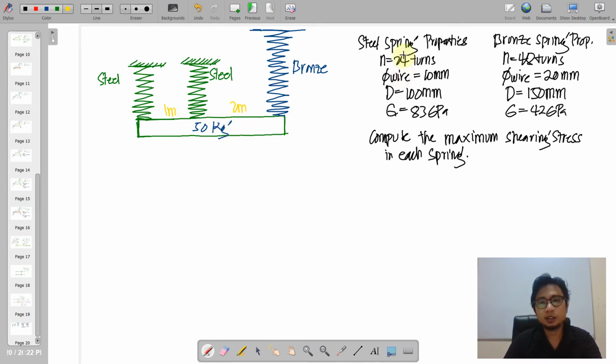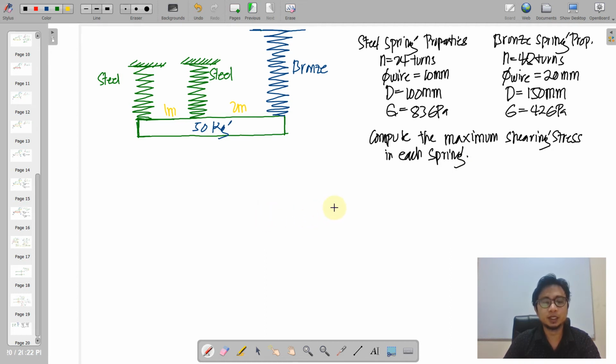And the springs have their properties: the number of turns, diameter of wire, the mean diameter, and the modulus of rigidity. So we are going to compute the maximum shearing stress in each of the springs. As usual, we are going to illustrate the free body diagram and then obtain an equation.